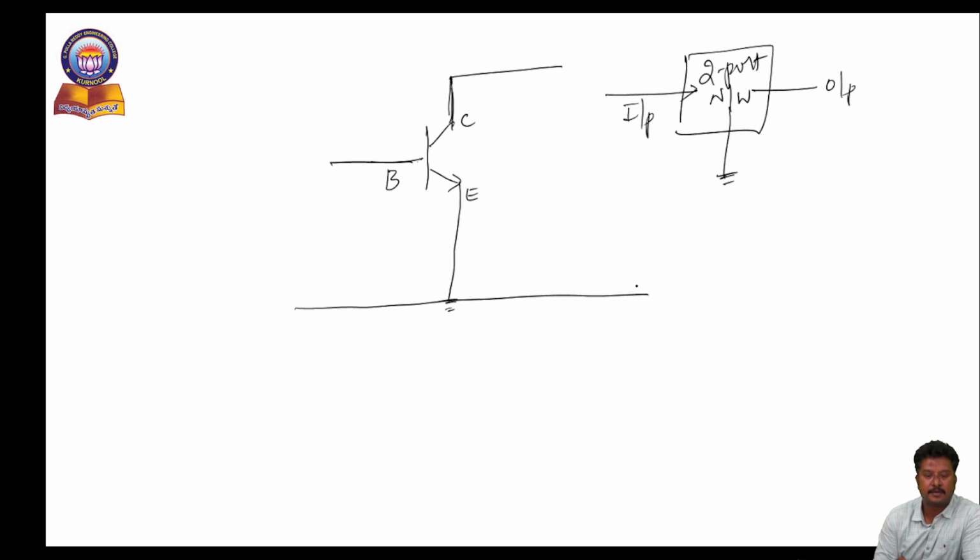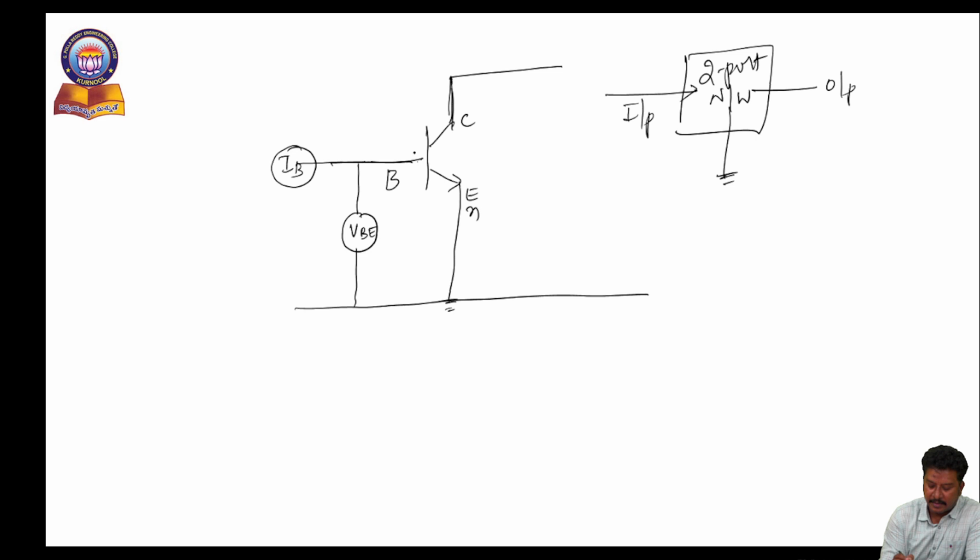Transistor is equivalent to a 2-port network. Here, I want to find out the input current, so I require the ammeter here, connecting IB. If I want to find the input voltage between base and emitter, I require the voltmeter here. This is VBE.